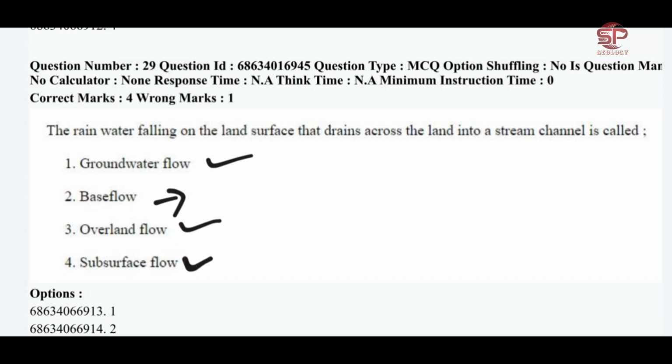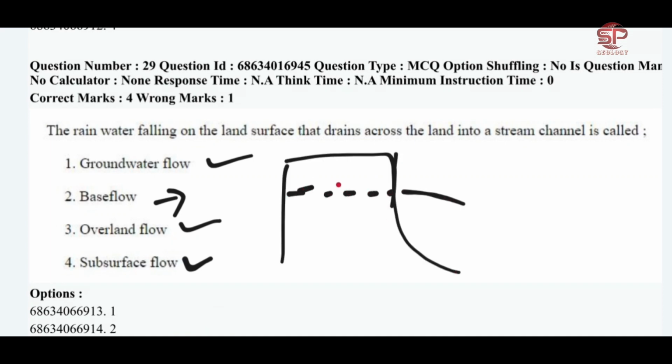Then base flow is the portion of stream flow that comes from the underground, from the groundwater. That's why it is called base flow. Suppose this is a region like this, and a stream is emerging from the subsurface region. So this flow is called your base flow.